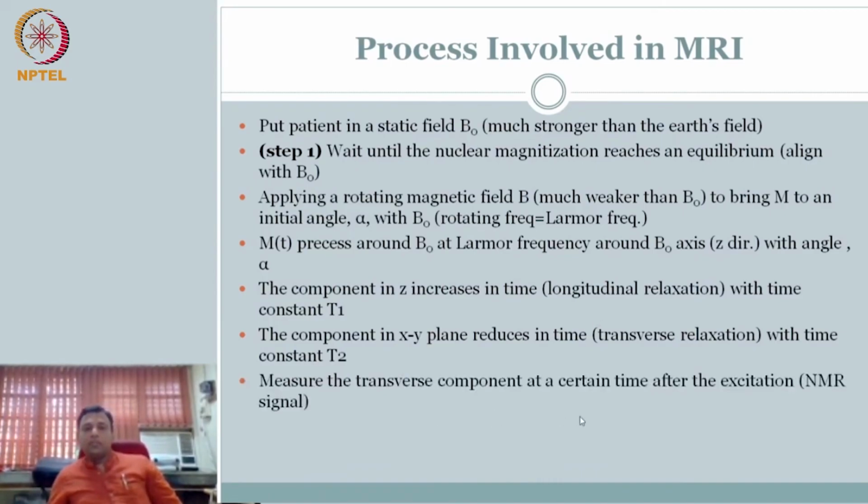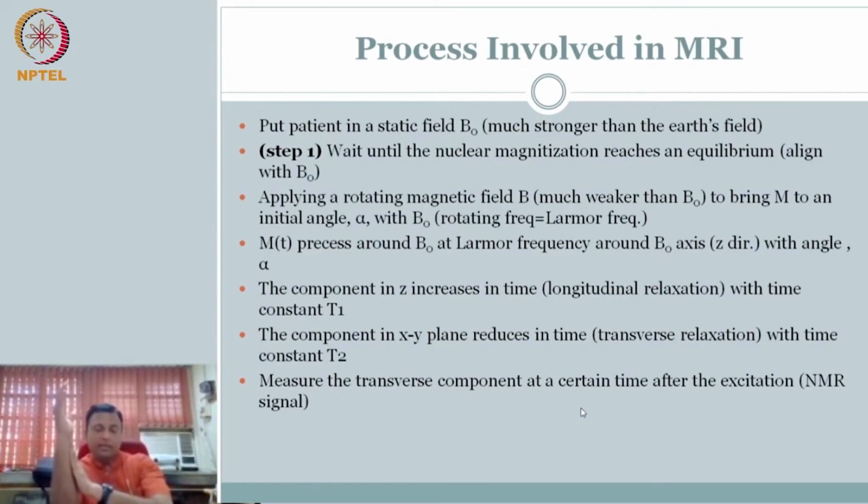So measure the transverse component at a certain time after excitation of NMR, and you get the NMR signal. That is, the static magnetic field is always there, so you always have the Z component, right? But then I have moved the Z component, pushed it into the floor, and I have given another command so that they are in phase. So I have made this magnetization vector, initially 0 in the XY plane.